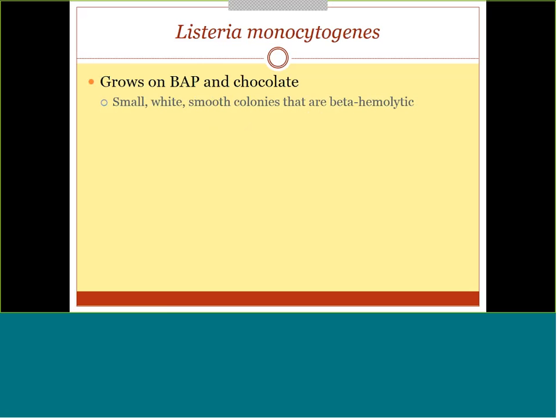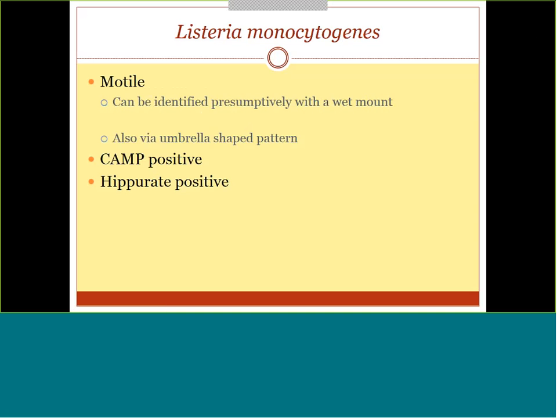Grow it again on blood agar and chocolate, because those are both supportive, and they will be smaller beta hemolytic colonies on those two agars. The big characteristic with Listeria monocytogenes is its motility. It is extremely motile, with very characteristic patterns that are not seen with anything else.